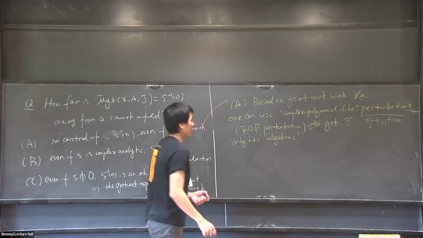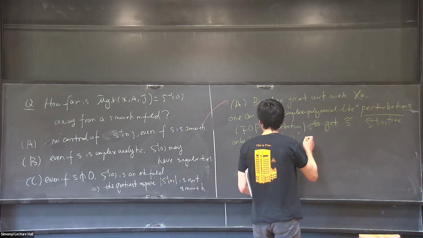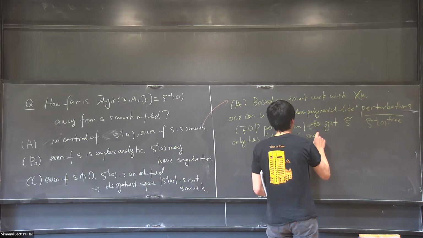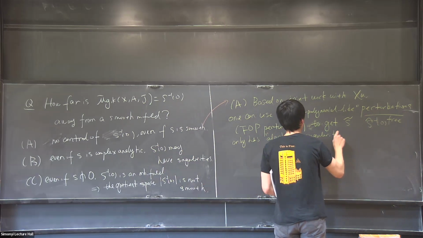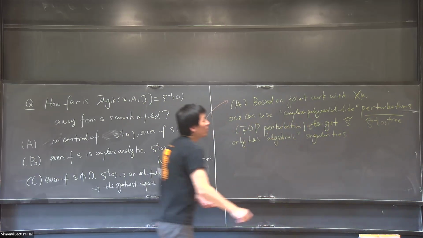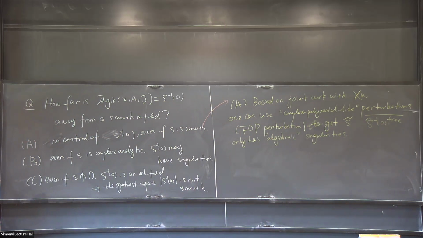They are not really algebraic, but there's a way of making them algebraic. So at least by turning on some interesting class of perturbations, we can try to make the singularities more under control.